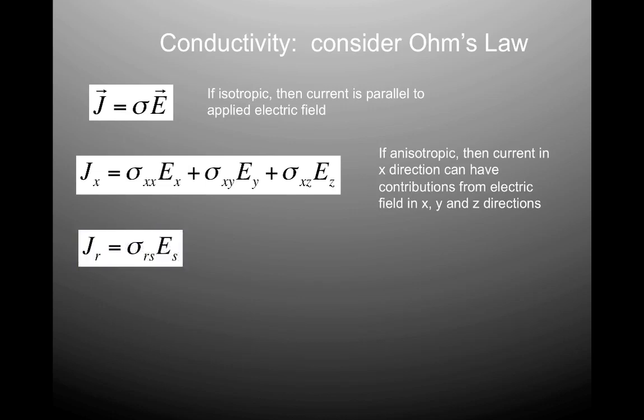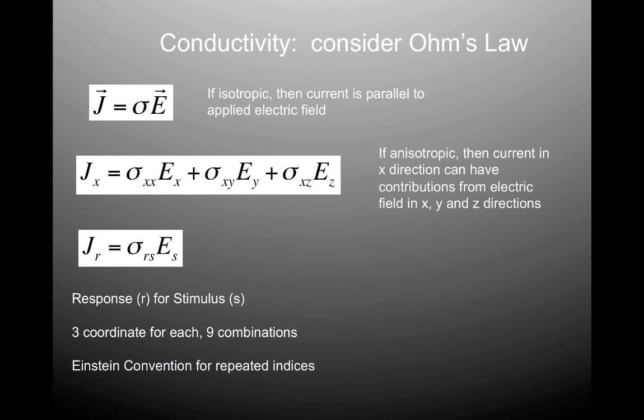Now I can write this in a shorthand notation in which the index for J is R and the index for the electric field is S. Think of that as a response for a stimulus S. And sigma RS has coefficients that relate a response direction to a stimulus direction. So there are 3 coordinates for each that would give us a total of 9 different combinations of electric fields and conductivities to current fields.